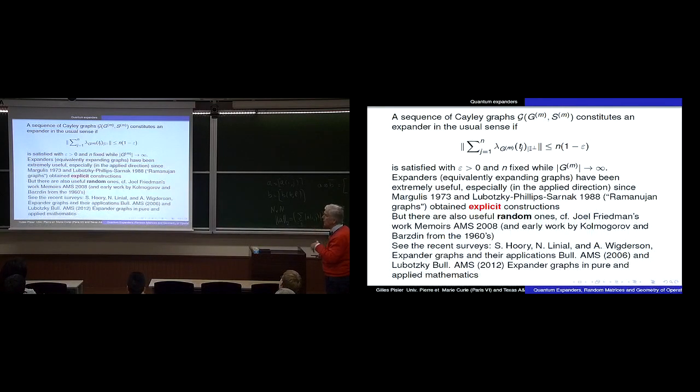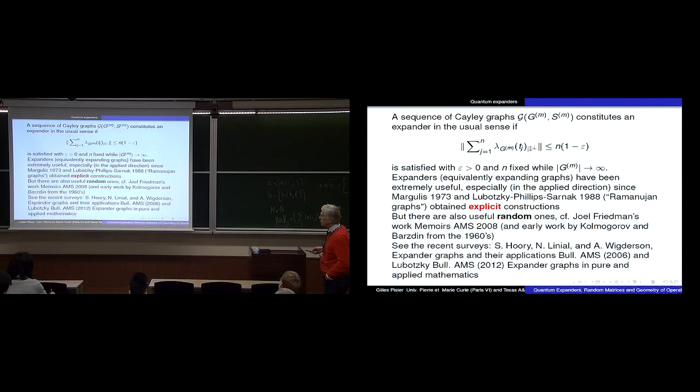But in fact, there are also very useful random methods to construct these objects. And all that I'm doing relates to the random method. So I will be constructing by random methods quantum expanders, although they are not exactly chosen at random, but they are constructed using random methods.